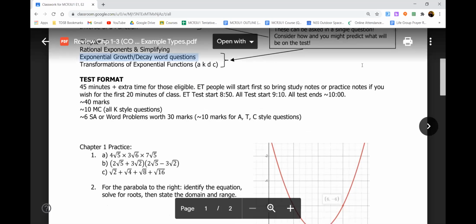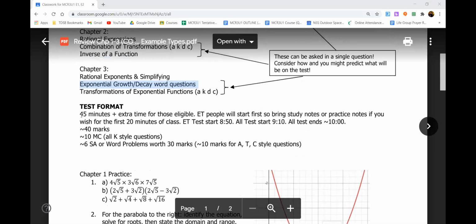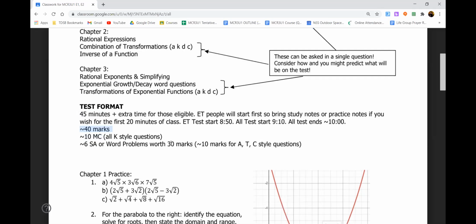So I also need to talk about the cheat sheet. Okay. It's going to be approximately 45 minutes, approximately 40 marks. 10 of those are going to be multiple choice, which leaves me about 30 marks for you to do in 35 minutes. 30 marks.